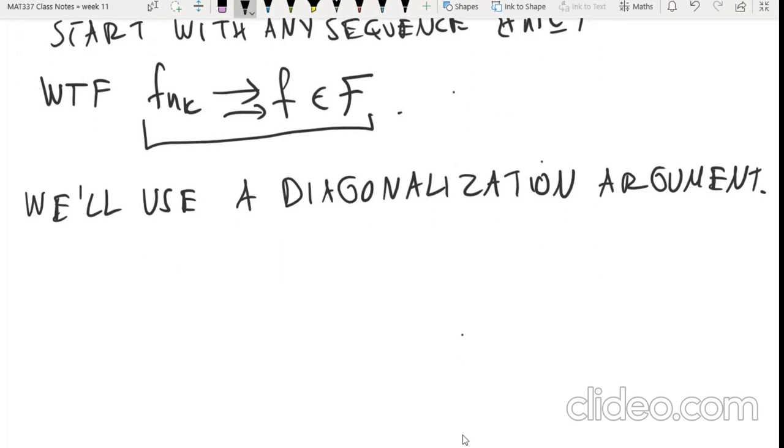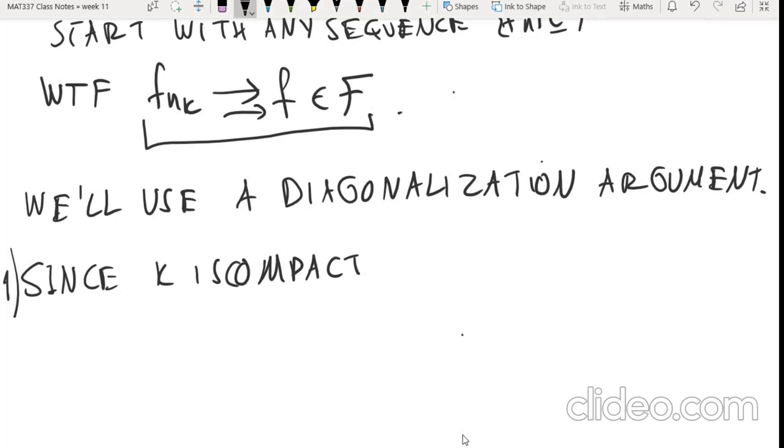Again, step one. Since K is compact, fix epsilon, as always.